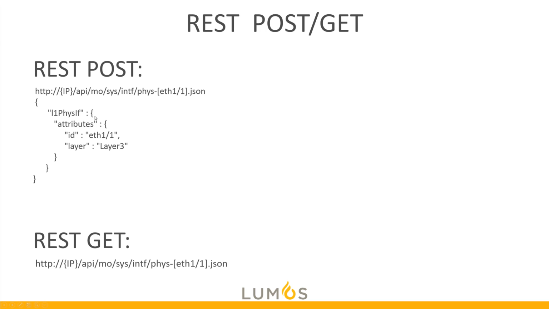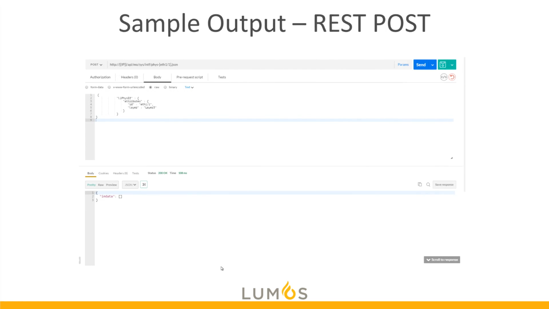So the actual value is the subarray with attributes as another key, and then the value of that being another subarray where we have ID as a key, and the value for ID is eth1/1, and the next key is layer, so we have a comma, layer, and the value is layer 3. Okay, so what does this do? This turns eth1/1 into a no switchport or routed interface. And if we did a REST GET for that, we would get all the information back.